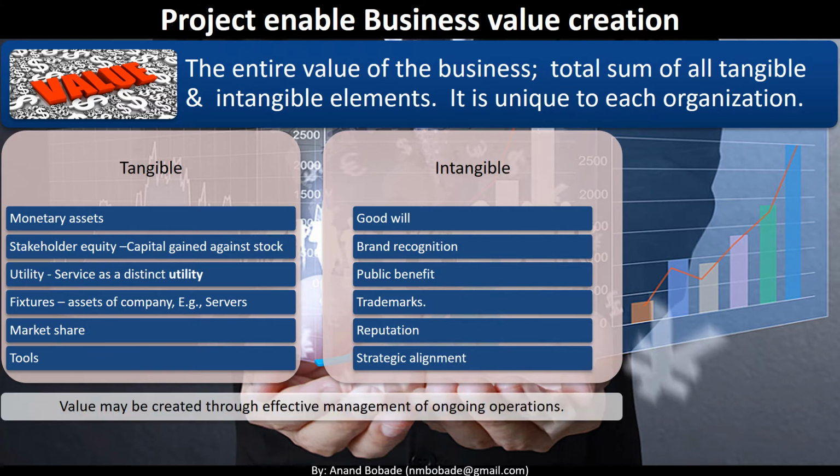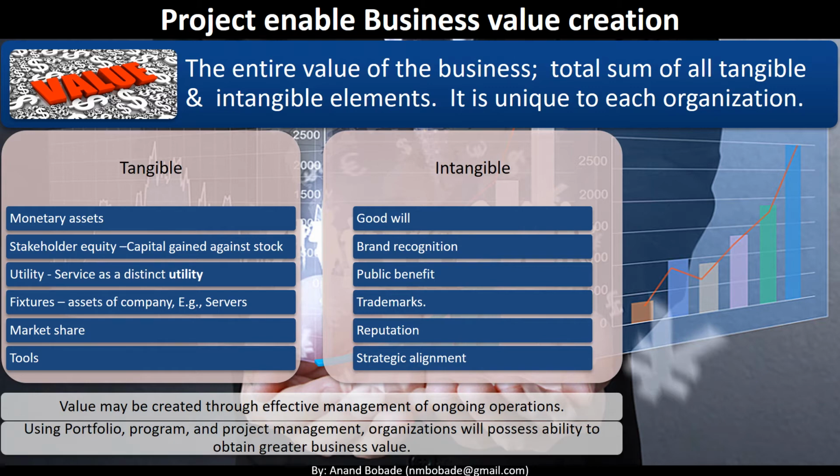Value may be created through effective management of ongoing operations. Using portfolio, program, and project management, organizations will possess the ability to obtain greater business value. So the need for adding or increasing business value results in the creation of new projects.